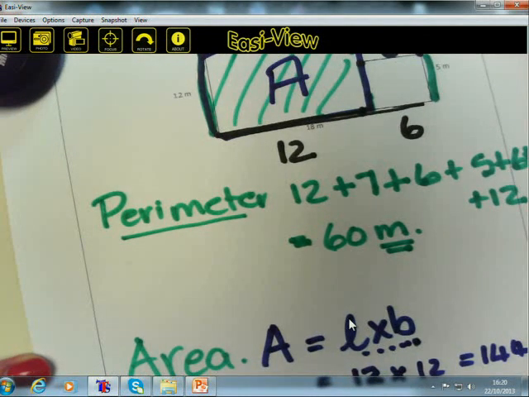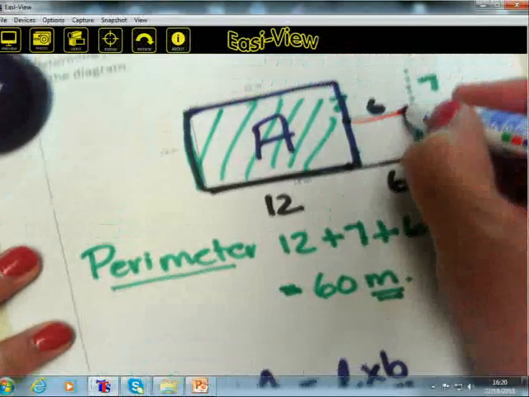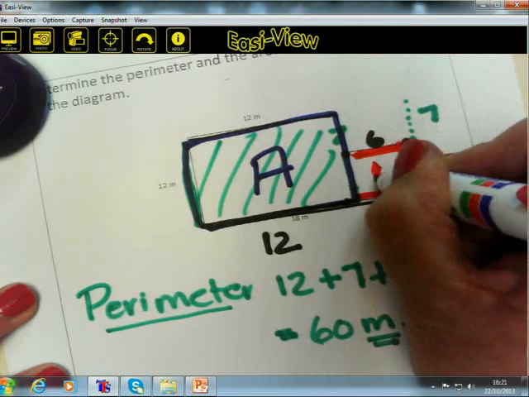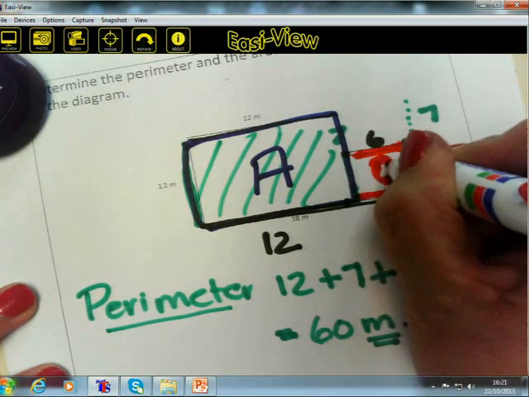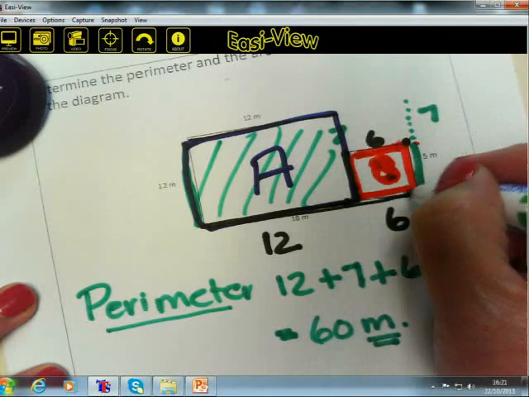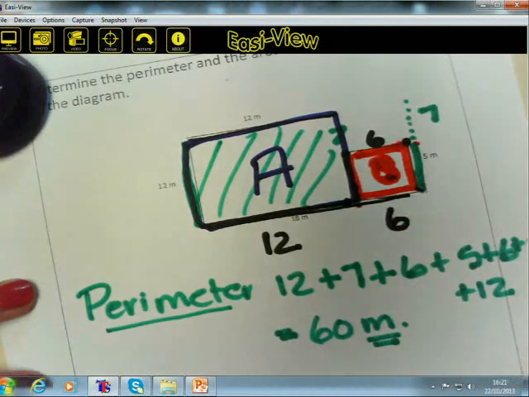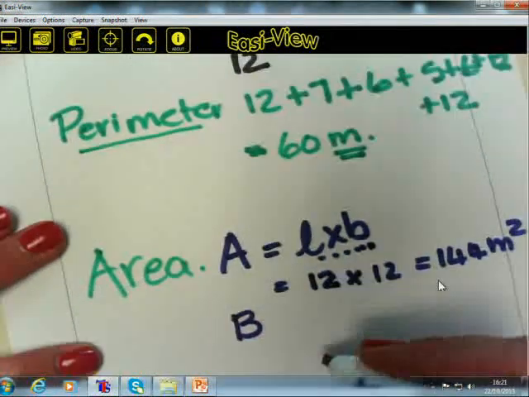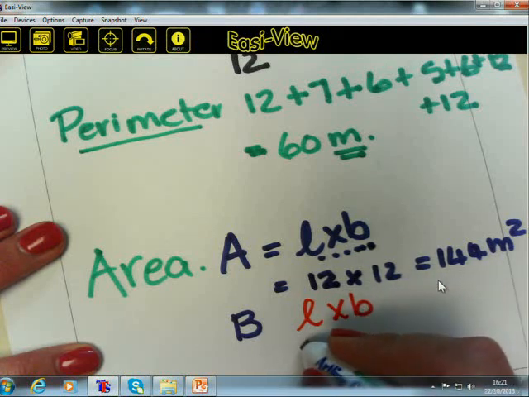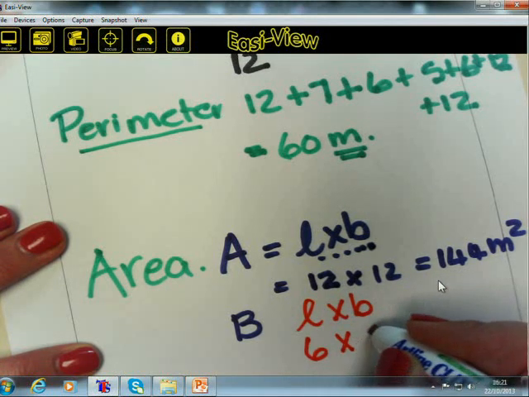The area of B. Now B, let's do B in red. B is this small block there. It's 6. Let's call that B. This side is 6, 5, 6 and 5. So the area will be L times B. The long side is 6. The short side is 5.